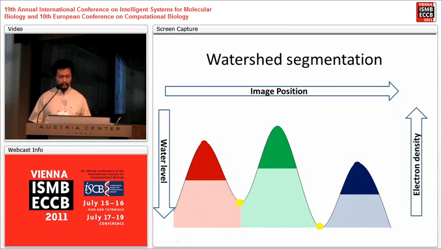Then we keep only the high intensity subregions to define segmented objects.